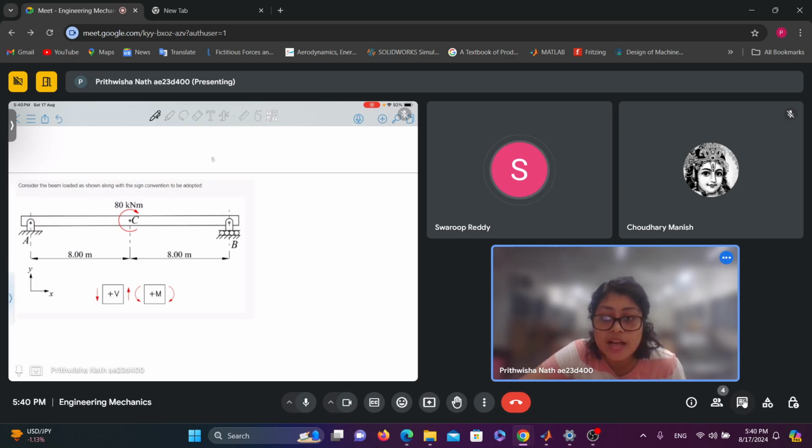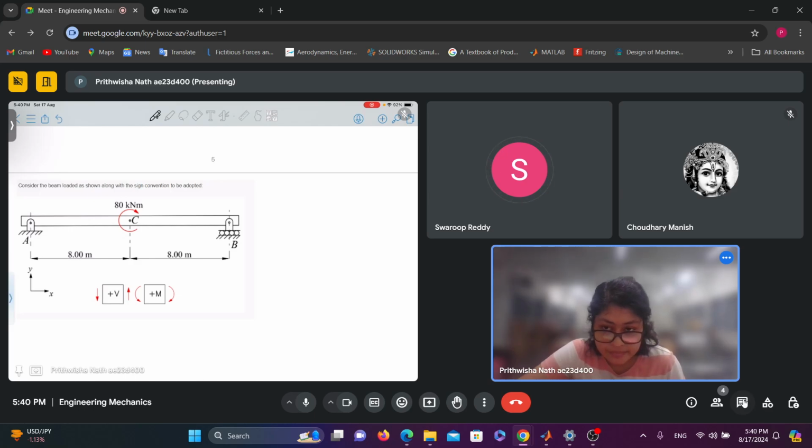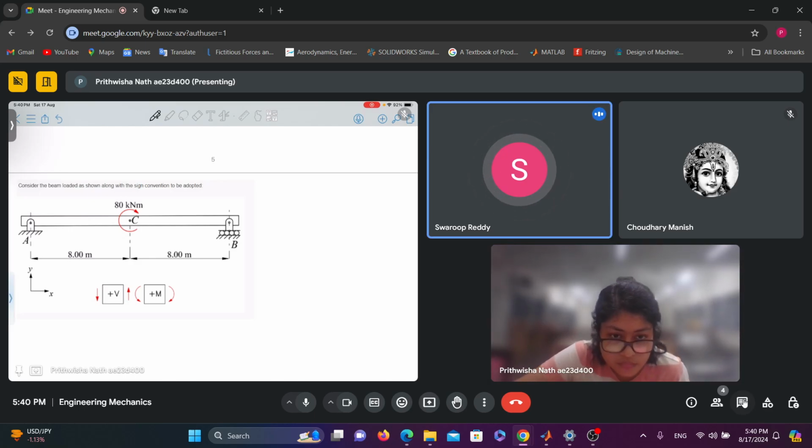Like an external force, an external moment is acting. Here, a force is not acting. Here, a moment is acting. Do you get it? Instead of a force, here a moment is acting. Ma'am, what will this moment cause to the beam? It will twist or it will bend. You are not properly audible. Ma'am, with this moment, what will it cause to the beam? It will bend or it will twist. Can you type it?